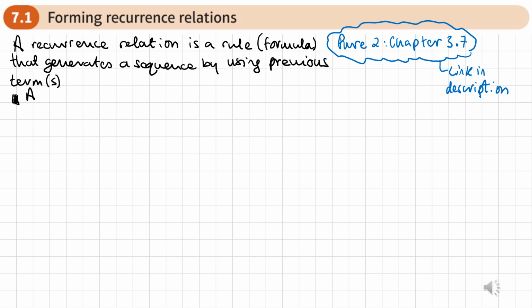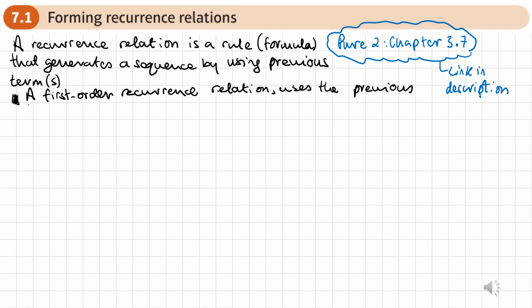So a first order recurrence relation uses the previous term to generate the next term.